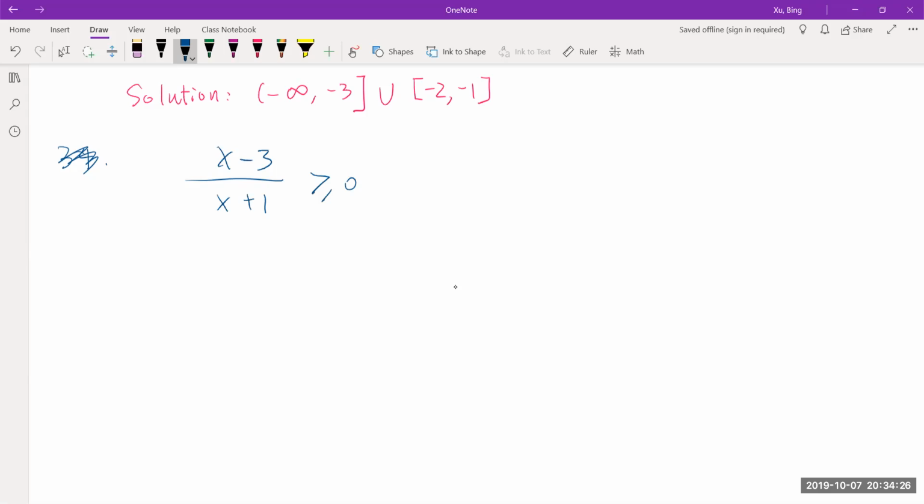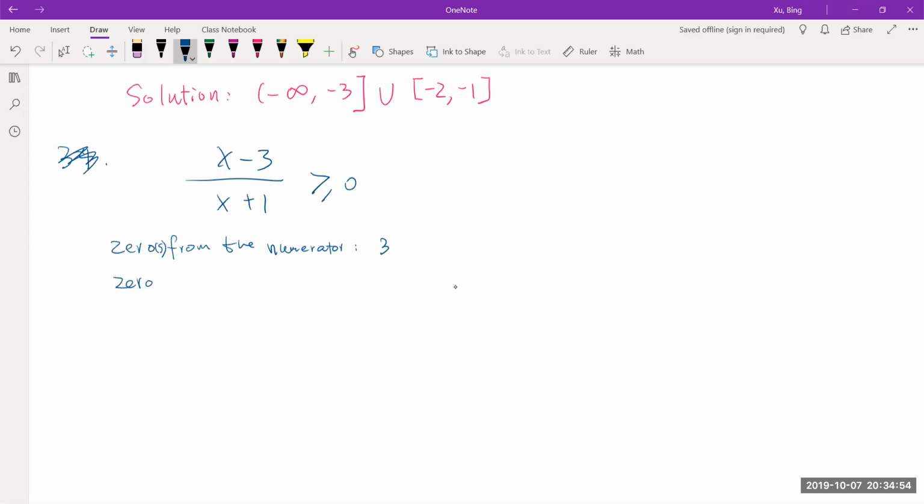What are the significant numbers on the number line? Well, you need to find the zeros from the top and the zeros from the bottom. The zero from the numerator will be 3, right?